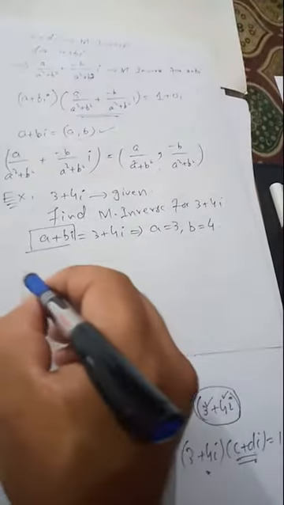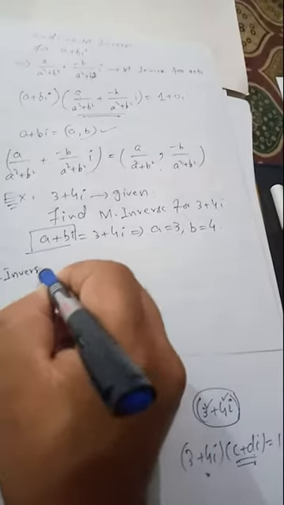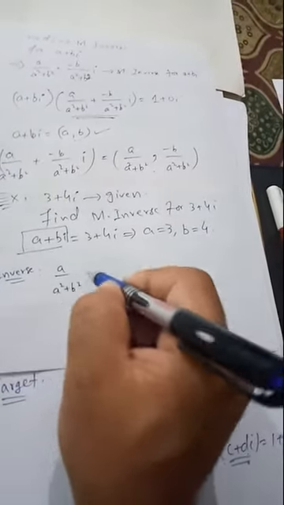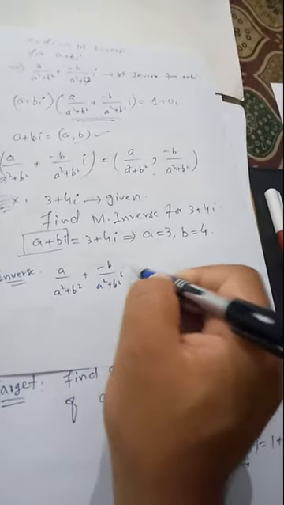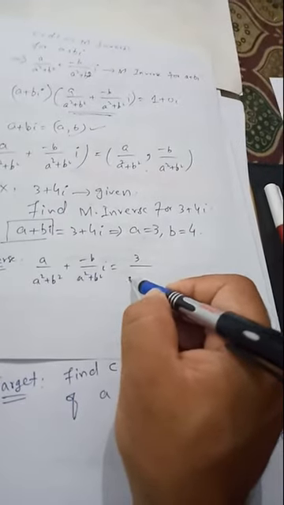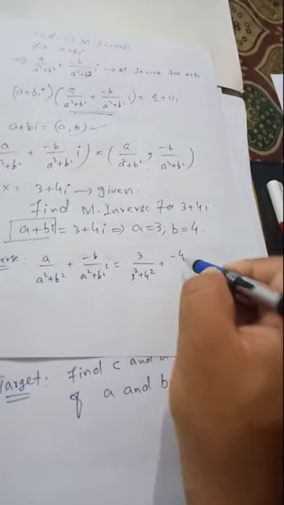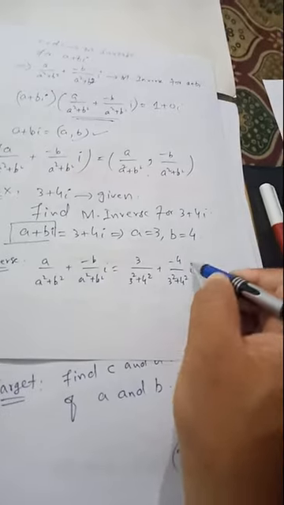So in this case, the multiplicative inverse will be a divided by a square plus b square plus minus b divided by a square plus b square iota. So a is 3, divided by 3 square plus 4 square, and b is 4, so minus 4 divided by a square plus b square iota.